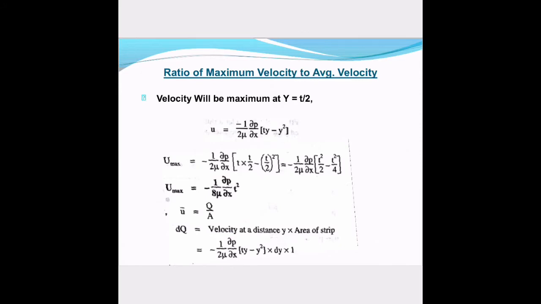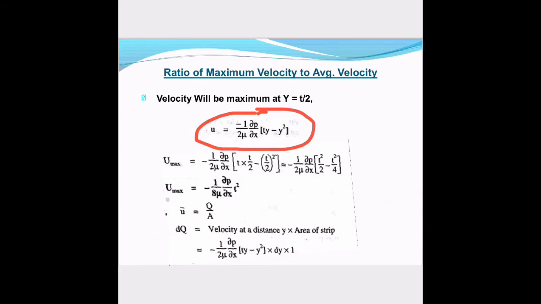After calculations, ultimately we get u maximum as minus 1 by 8 mu del p by del x t square. Very simple. We just substituted y equal to t by 2 in equation number 3, which we got in yesterday's class.